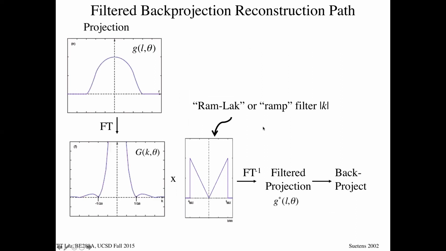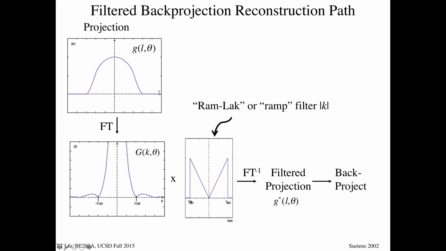So what that means is that if I have a projection, this is my GL theta, and I look in the Fourier space at GK theta, so I take the Fourier transform and now I have capital GK theta. I can multiply it by the absolute value of k, which is called a ramp function, it just goes up linearly, like that.